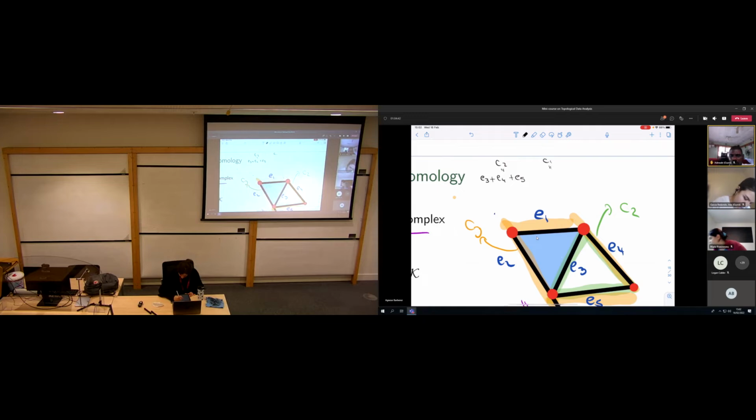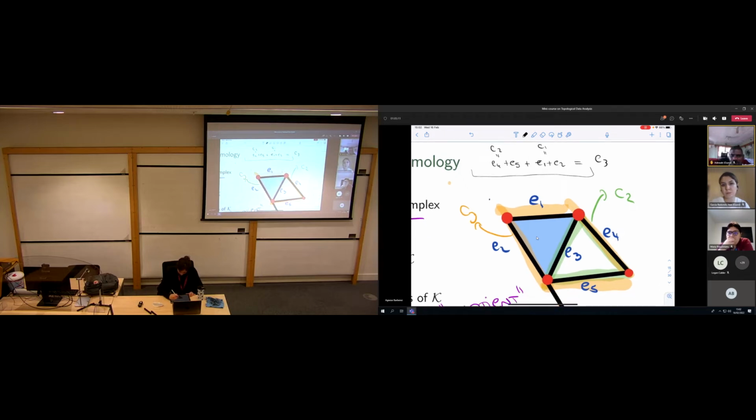C1 was E1 plus E2 plus E3. So their sum is this thing here. If you look closely, you see that I'm counting E3 twice, so they cancel. I'm working with the coefficients, and this is exactly C3: E1 plus E2 plus E5 plus E4.